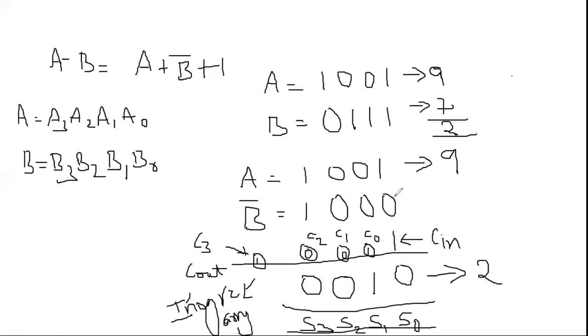A0 is 1 and B0 is 0. How did we get B0 as 0? We complemented the given binary number 0 1 1 1.